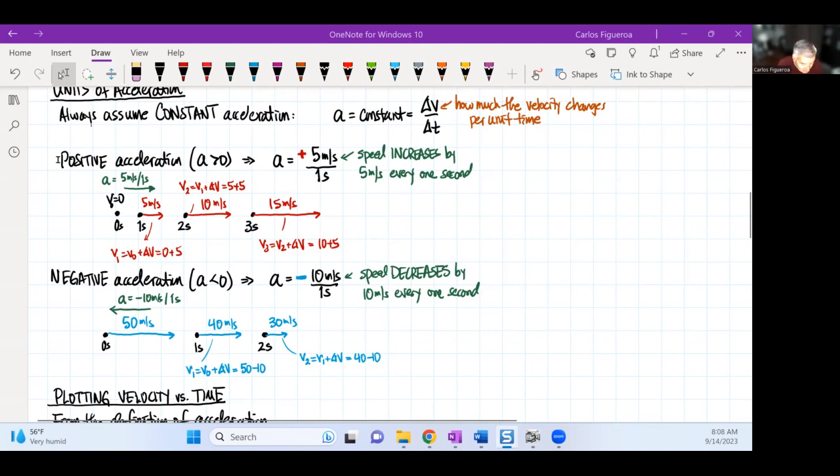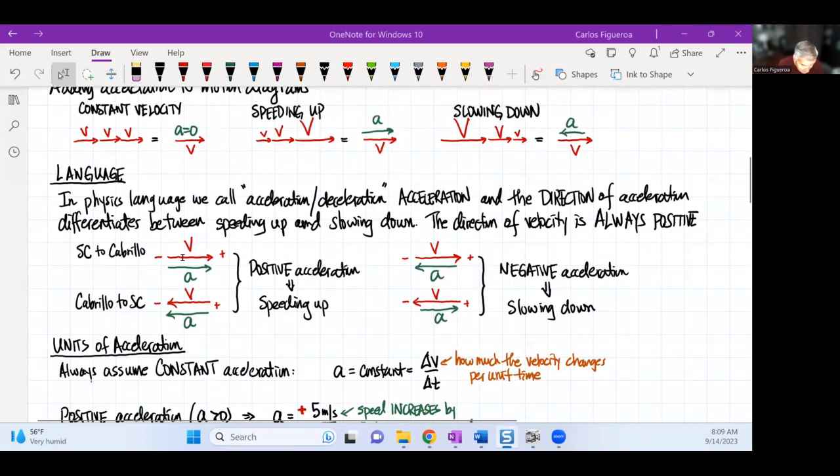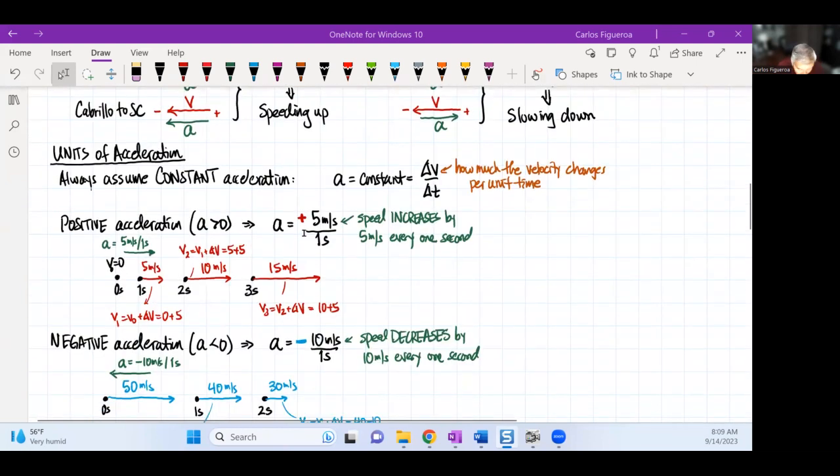So if I have positive acceleration, in other words, a is positive, then I'm putting a positive value for my acceleration direction. In other words, it's in the same direction as the velocity. So if I have this situation or that situation, it doesn't matter. It is positive acceleration. Therefore, the speed increases by 5 meters per second every 1 second.